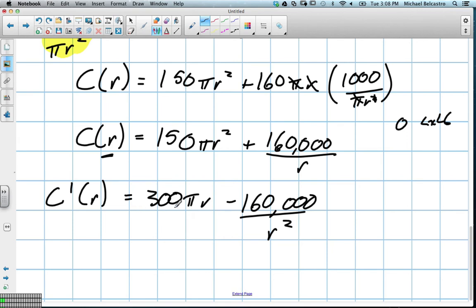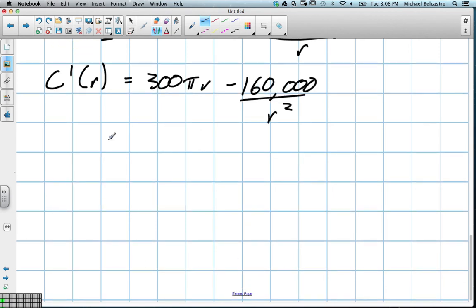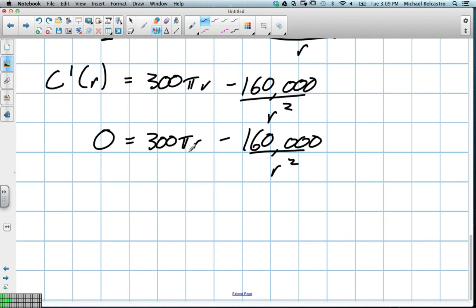So when we do this, we're going to try to solve it. Whatever our cost is, if it was a constant term, we set it equal to 0 here to find out what r would be when the radius has a critical value. So we have 300 pi r minus 160,000 over r squared equals 0. We bring over the negative, so 300 pi r is equal to 160,000 over r squared.